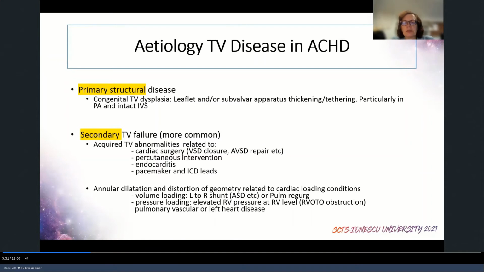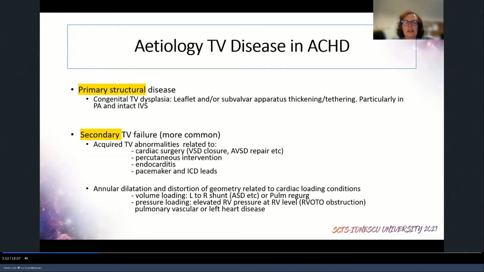Secondary tricuspid valve failure is much more common. This is either acquired structural disease related to injury at the time of either cardiac surgery or percutaneous intervention or by pacemaker wires, or as a result of endocarditis.